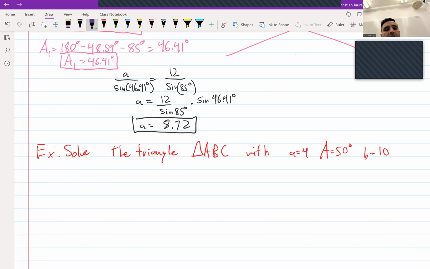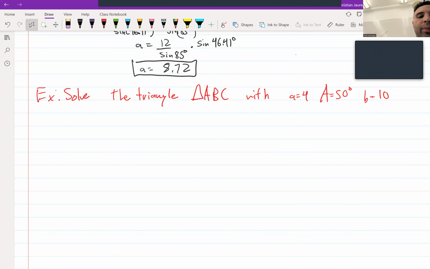We go ahead, we start moving through this, and we see sine of 50 degrees over 4 equals sine of big B over 10. Then we have to be careful because we need to make sure to check for that second angle. We get sine of B equals, plug it in your calculator, and we get 1.92.